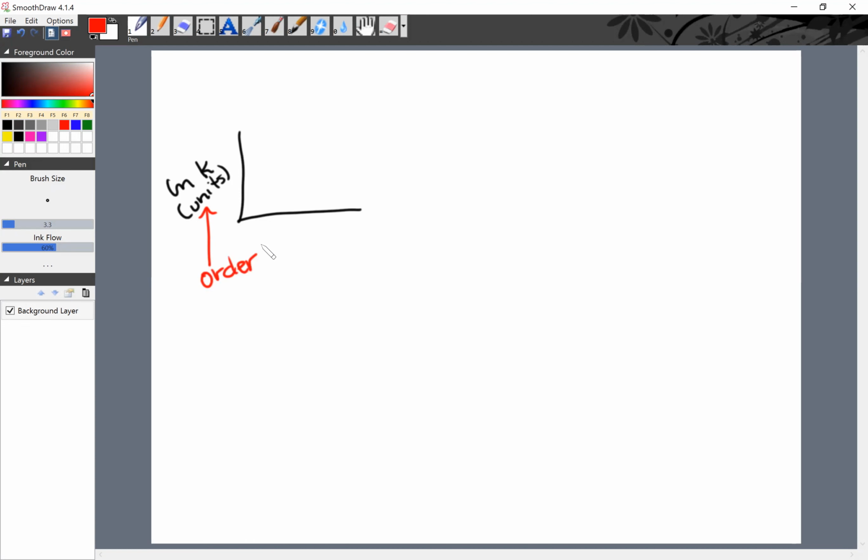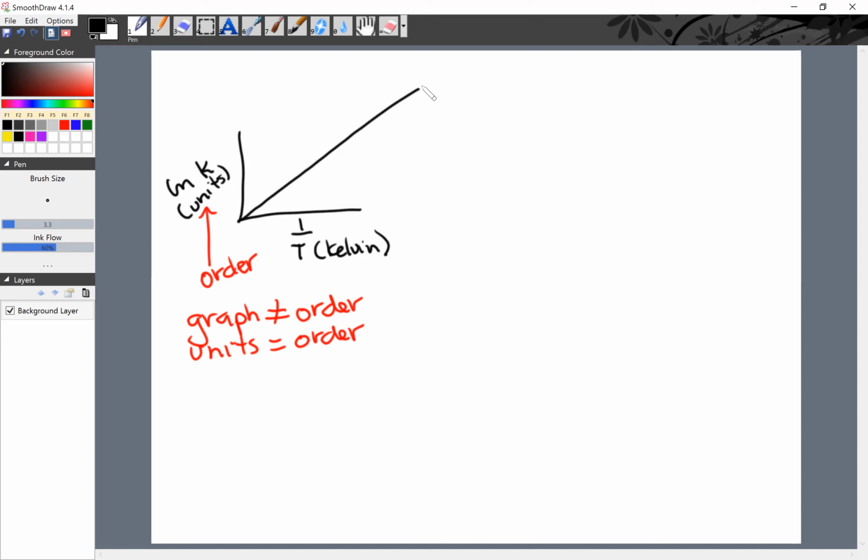The graph is not going to tell you the order; the units would tell you the order. And then on the x-axis, it would be 1 over the temperature in Kelvin. All right, and you would see a wonderful straight line.